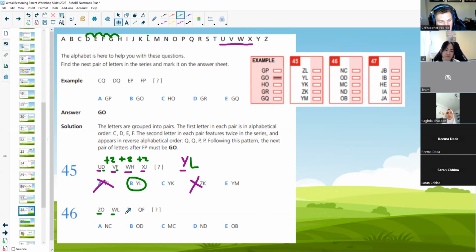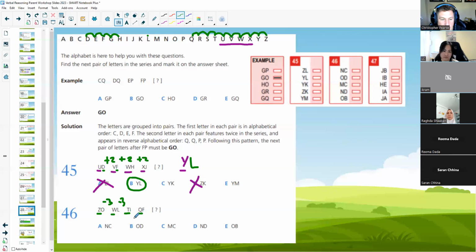So we've got Z, W, T, and Q. So the first jump is Z to W. And if we go 1, 2, 3, we're actually going backwards 3. So in the gap, we'd say -3, W to T. We're going to then go 1, 2, 3 again, -3. I'm assuming T to Q is -3 as well.